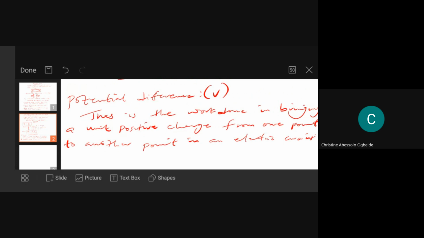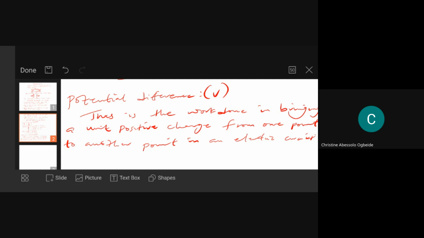But before I give you the formula, take note of the fact that this potential difference depends on the electromotive force, or the EMF, of that cell. The EMF of the cell that is being connected to the circuit is what determines the potential difference that flows through the circuit.